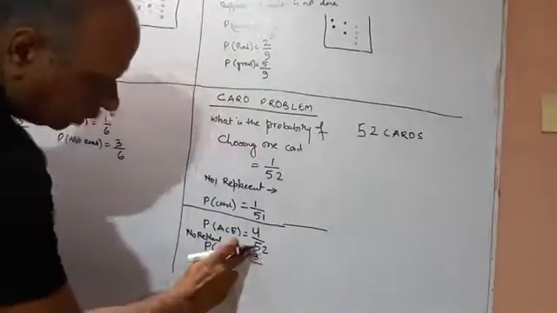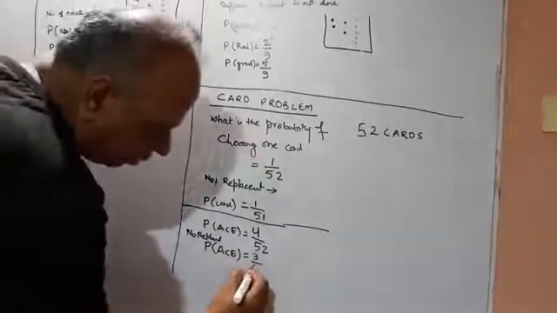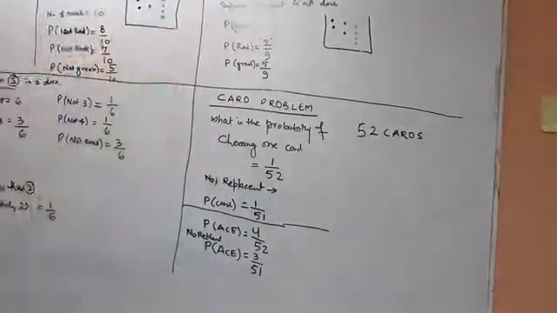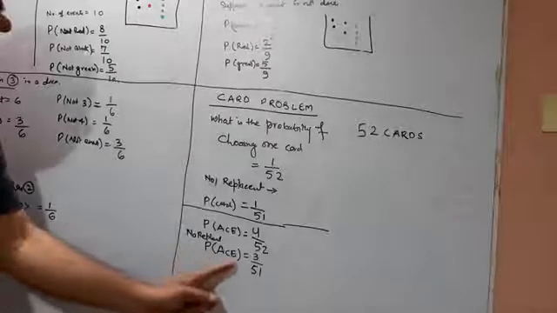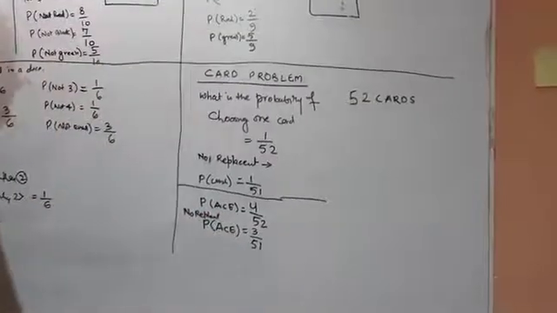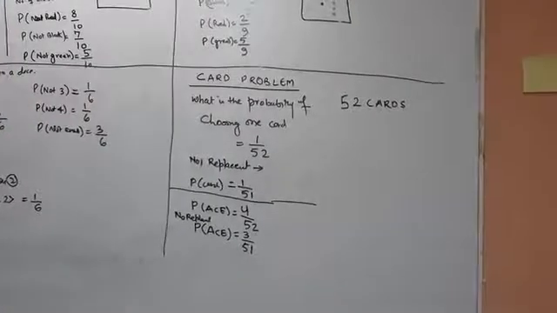And the number of cards will get down to 51. So after no replacement, choosing an ace card will be 3 by 51.